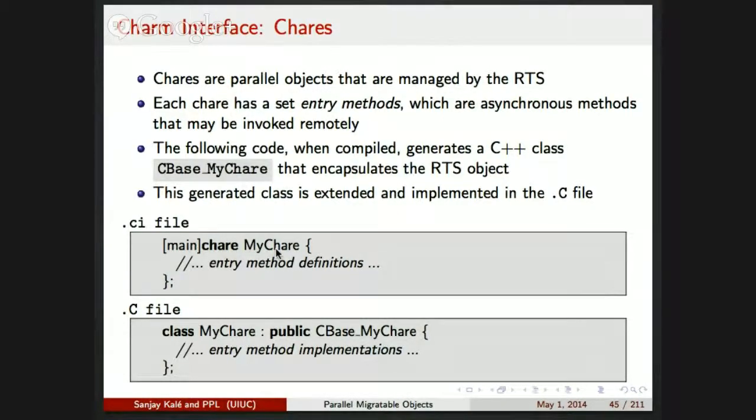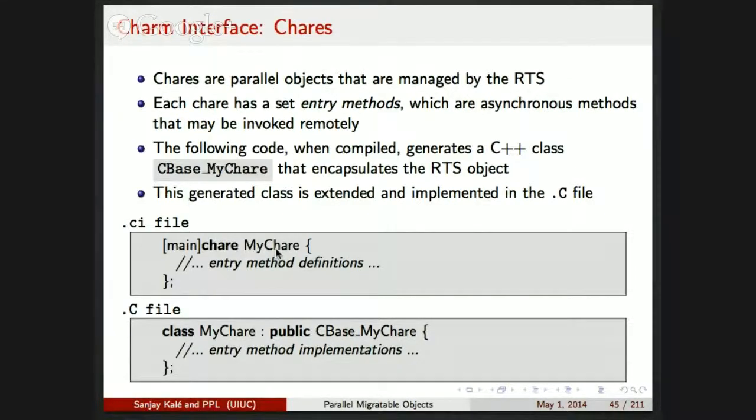So right here, in the following code, we have a char in the CI file. It's just a char called MainChar with some method definitions. When we compile it with charmc, it will generate a C++ class CBase_MainChar. You're always going to end up with classes named CBase_ followed by whatever name you give the char in the CI file.